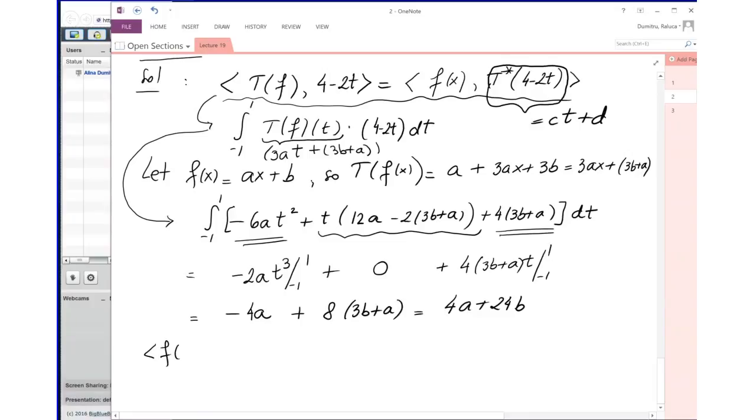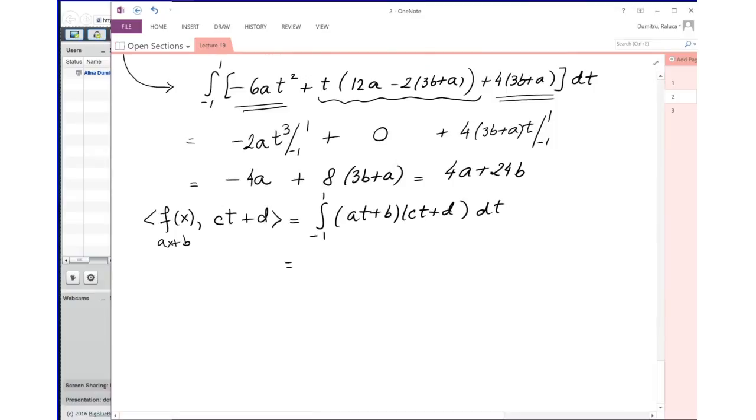So what is the inner product between f of x and ct plus d? Well, it's cx plus d, but it doesn't matter. F of x was ax plus b. So integral from -1 to 1, at plus b times ct plus d dt. So integral from -1 to 1, ac t squared plus t times ad plus bc plus bd.